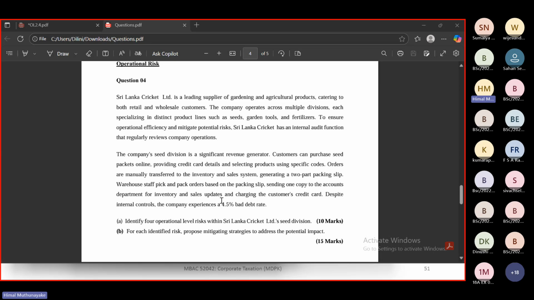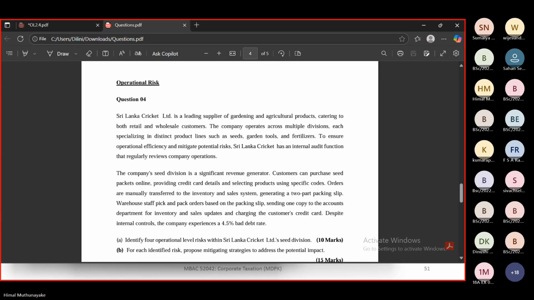And it also generates two parts of packing slips. Slips දෙකක් generate කරනවා. Warehouse staff pick and pack orders based on the packing slip. Packing slip එක අනුව warehouse staff එක order එක pack කරනවා. Sending one copy to the accounting department for the inventory and sales update and charging the customer's credit card. Despite internal controls, the company experienced a 4.5 bad debt rate.